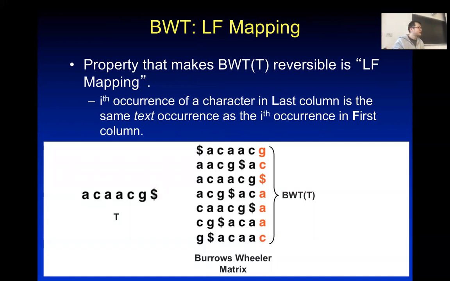So the most important idea behind Burrows-Wheeler transform is the LF mapping. That is, the ith character in the last column corresponds to the ith occurrence of that character in the first column.